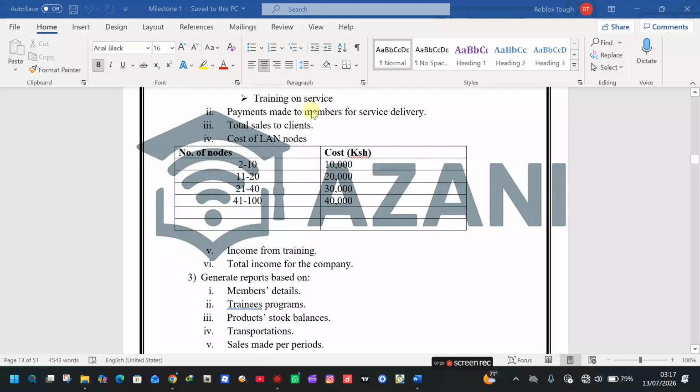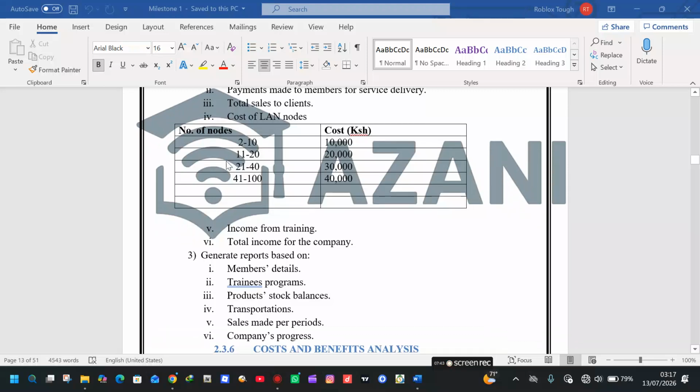Number two, payments made to members for service delivery, total sales to clients, and cost of LAN nodes. The LAN nodes also vary with the number of nodes. So 2 to 10 nodes, that is 10,000 Kenyan shillings, 11 to 20 nodes, that is 20,000 Kenyan shillings, 21 to 40 nodes, that is 30,000 Kenyan shillings, 41 to 100 nodes, that is 40,000 Kenyan shillings.